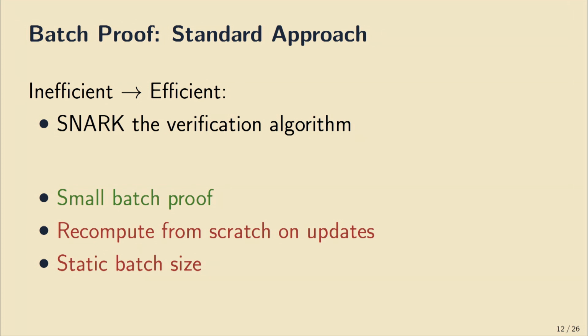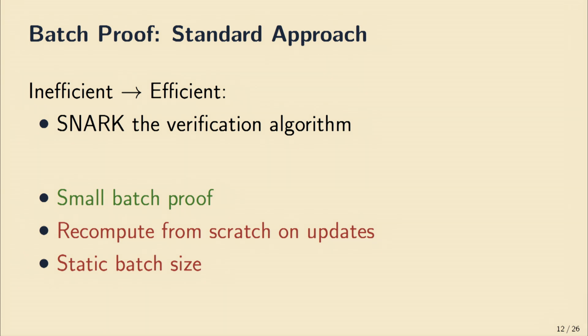But the disadvantage is that if you want to update this batch proof, because, for example, some element goes out of the batch, or some element in the Merkle tree changes, then you need to recompute this batch proof from scratch. This is linear in the size of the batch. This is very inefficient.